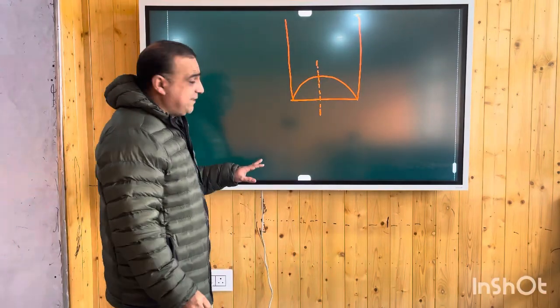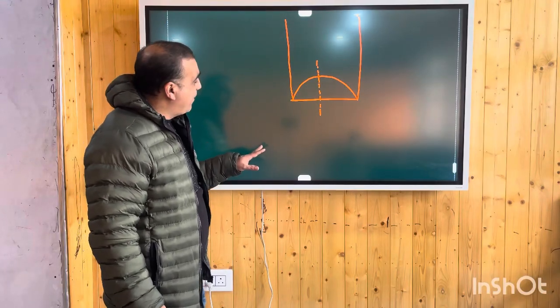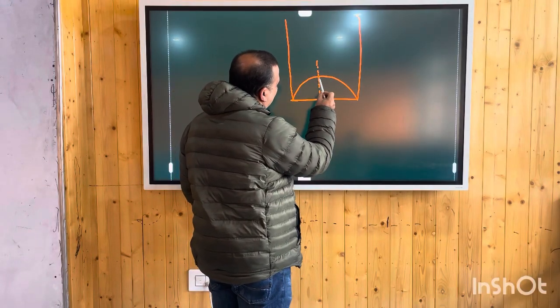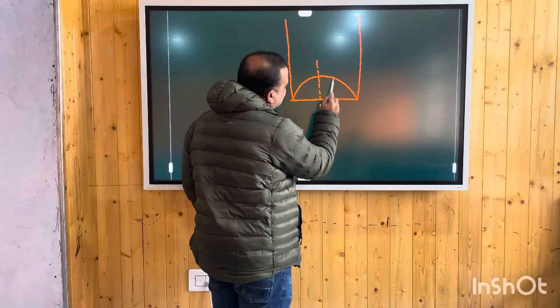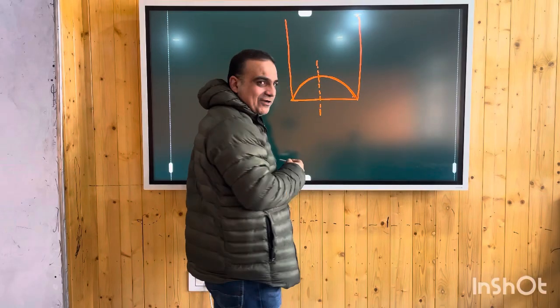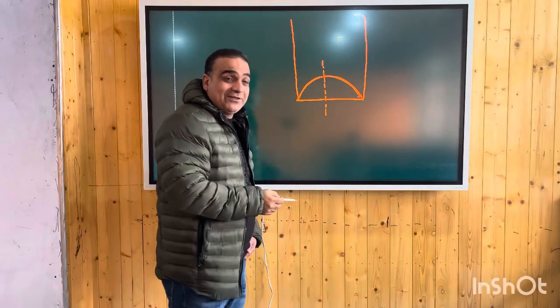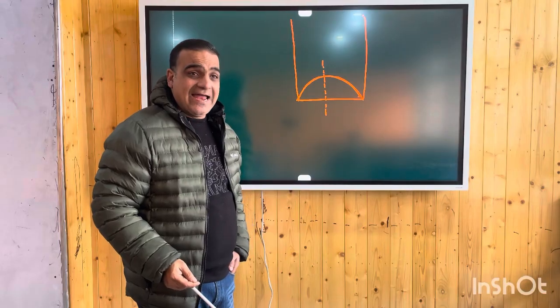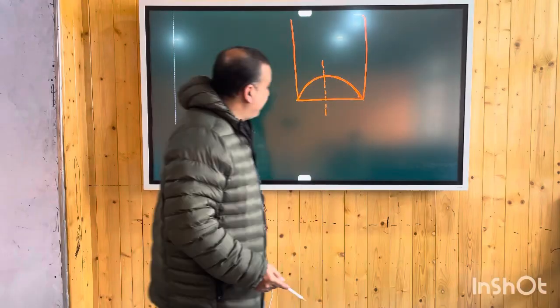Since we are dealing with a symmetrical situation, everything is symmetric here. So what it is telling us is that the particle is having velocity in this direction, and it's having the same velocity in this direction. Since velocity is a vector quantity, the two velocities are going to cancel. That's why the expectation value of momentum is 0. Are you getting my point?